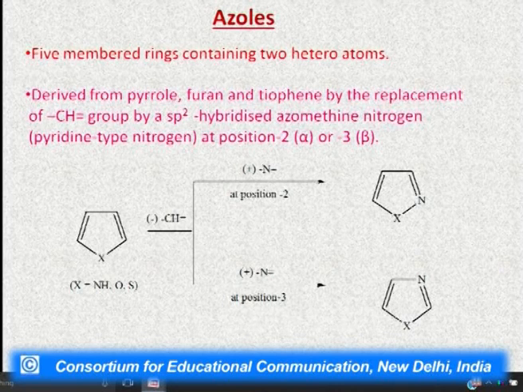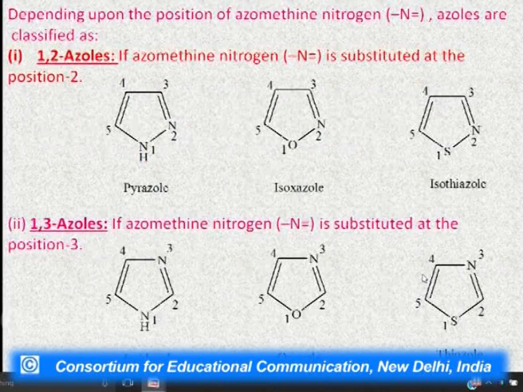So here you can see that we have shown you the 1 and the 2. This is the 1,2 position and this is the 1,3 azole, in which we have a different heteroatom other than the nitrogen already present.